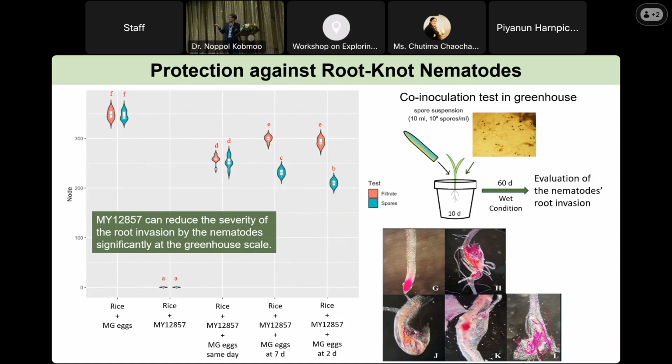And you can have more than 300 knots formed by root knot nematodes. But when we apply the candidate strain, whether using the filtrate or the spore suspension, the severity of the root knot caused by the nematodes is significantly reduced, and particularly when we use the spore suspension in blue, more than only using the culture filtrates.